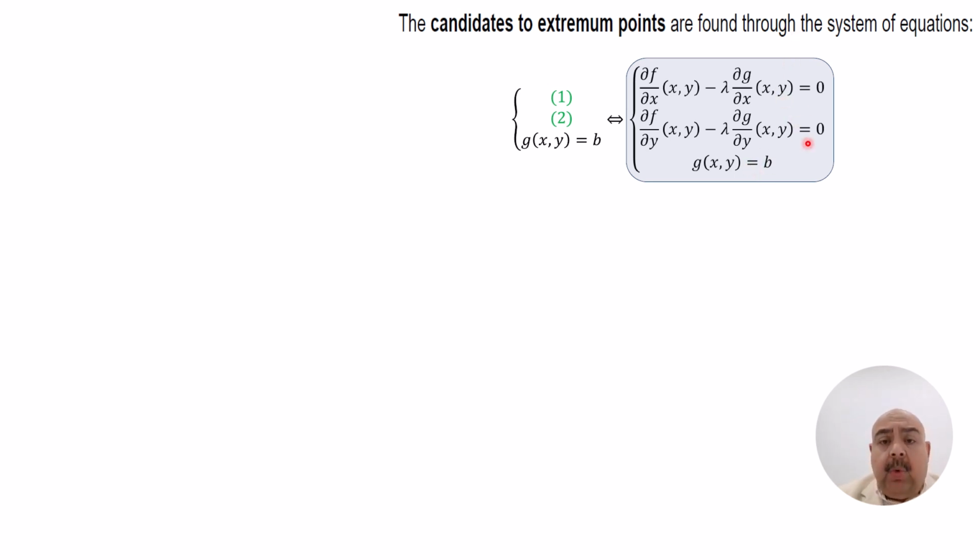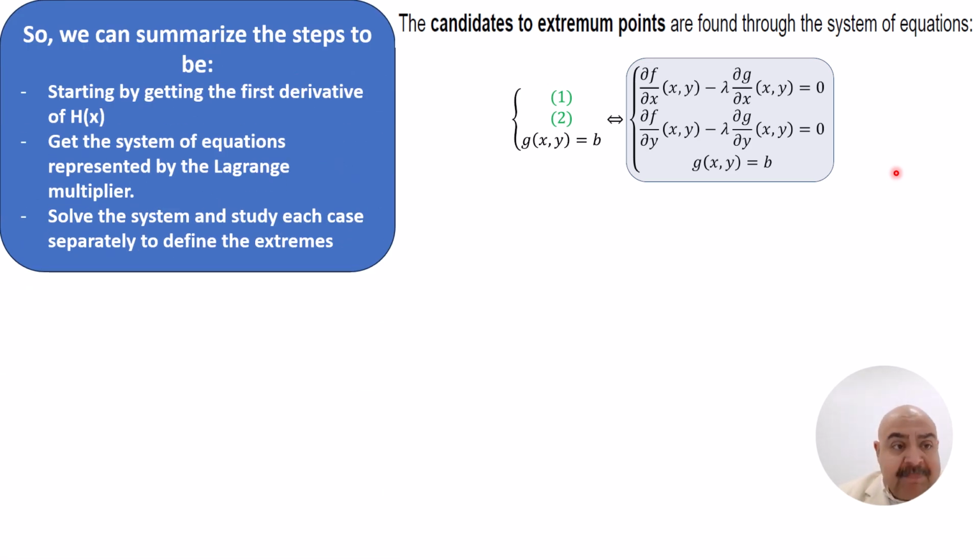Once you set this system equal to 0, we will be able to determine the extremum point. So I thought it's a very good idea to summarize these steps for you. Start by getting the first derivative of x, then get the system of equations represented by the Lagrangian multiplier, solve the system, and study the cases separately, as we will see.